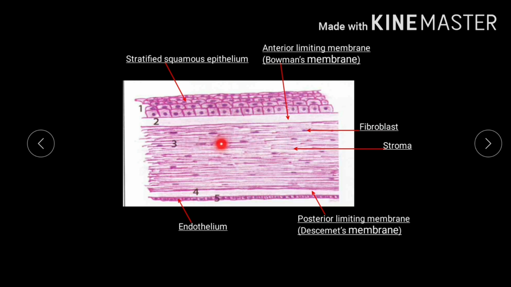The third layer, occupying approximately 90% of the thickness of the cornea, is known as the corneal stroma. The fourth layer, again a membrane, is known as the Descemet membrane or the posterior limiting membrane. And the fifth one is known as the corneal endothelium. So these are the 5 layers from anterior to posterior aspect.